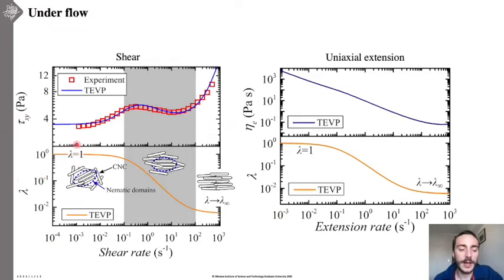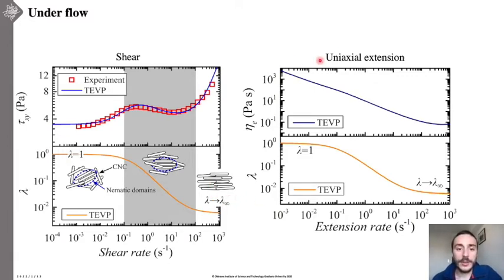And lambda attains its maximum value of 1 in the low shear regime. However, it starts to decrease, meaning that the material starts to break upon shear and attains its minimum value, which we call lambda infinite, which corresponds in this case to the fully disrupted material, where the colloidal rods are free flowing.